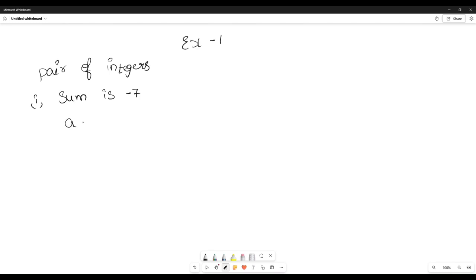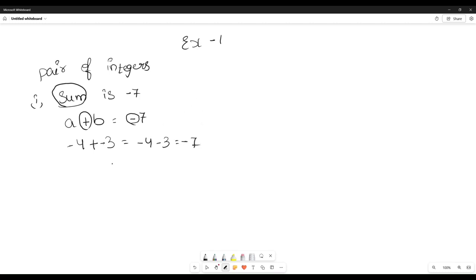So here they said sum. Sum means addition. We have to use the two integers which are a + b. They didn't say which type of integers we have to use. Here they said only sum. Sum means addition. The answer is -7. Negative means the bigger number should be the negative. Then only we get the answer in negative sign. So I have taken -4 + -3. So plus into minus we get minus.